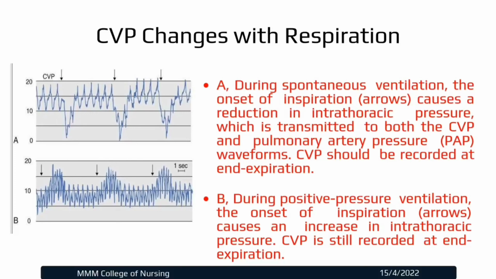The central venous pressure should be recorded at the end of expiration. Whereas during positive pressure ventilation, the onset of inspiration causes an increase in intrathoracic pressure. Central venous pressure is still recorded at the end of expiration.